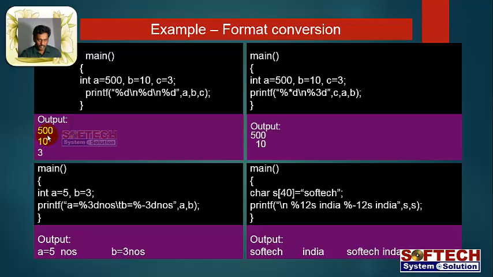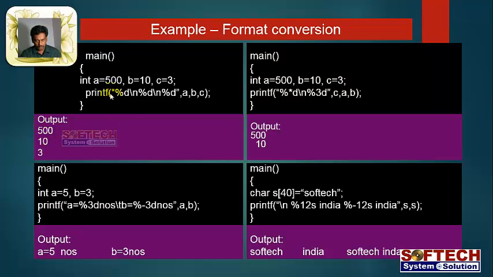So 10 is displayed like this, which is a formatted display, and this is unformatted. If we want to display 10, first we give a blank space, then we print 10. If we want to display 3, first we give 2 blank spaces, then we print 3. This is the formatted one, and this is unformatted.